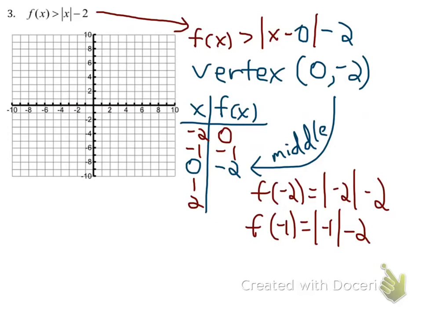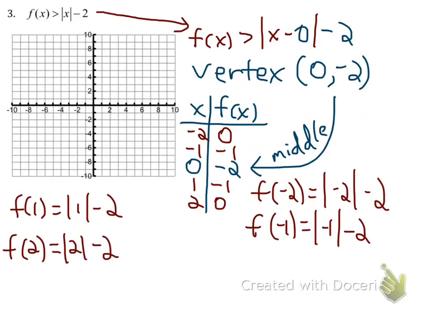So when x is 1, the f of x value should be negative 1, and when x is 2, the f of x value should be 0. If you can't remember that, you can always evaluate. The absolute value of 1 is 1, 1 minus 2 is negative 1, and finally the absolute value of 2 is 2, and 2 minus 2 is 0.